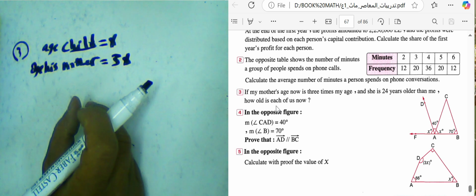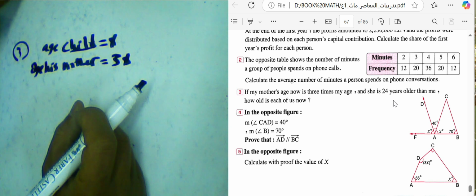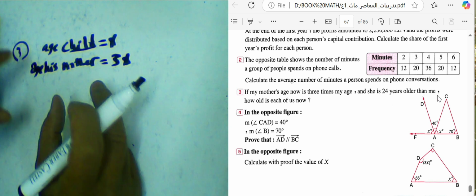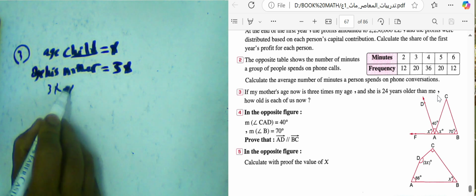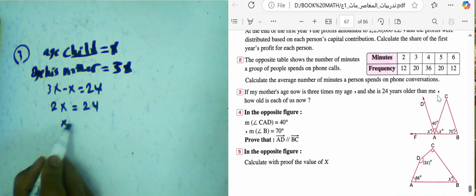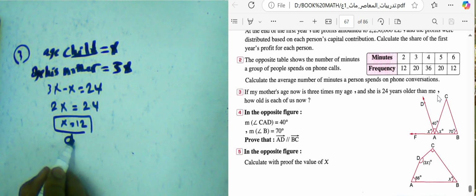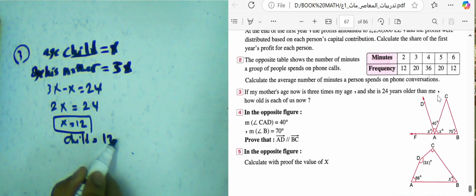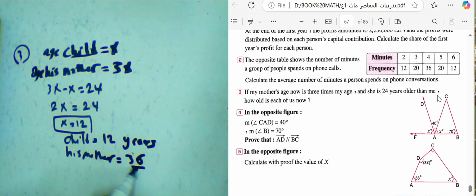The difference between them is 24, so 3x minus x equals 24. That means 2x equals 24, so x is 12. The age of the child is 12 years and his mother is 3 times 12, which is 36 years.